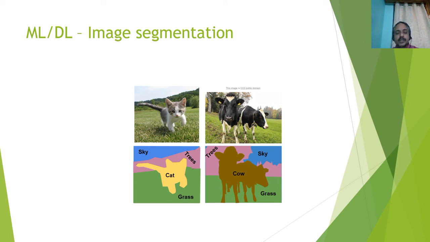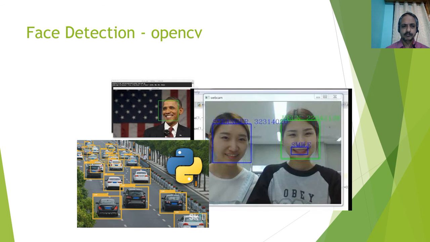It says, in this image there is a cat, in this image there are cows. That is how a deep learning project will work, and most of the modern projects work on image segmentation, and most of the medical or healthcare systems work on this image segmentation.